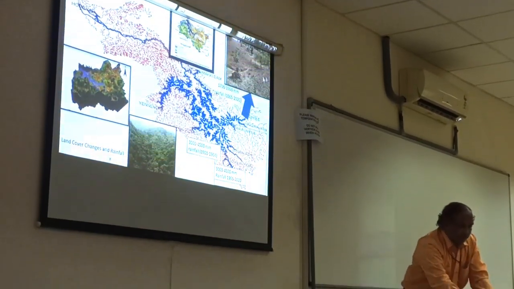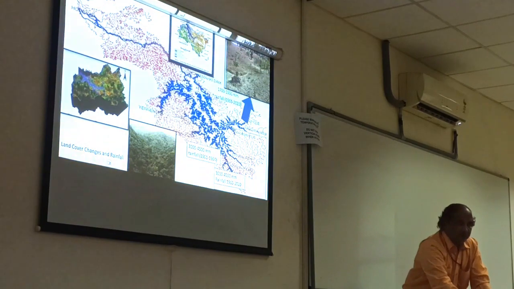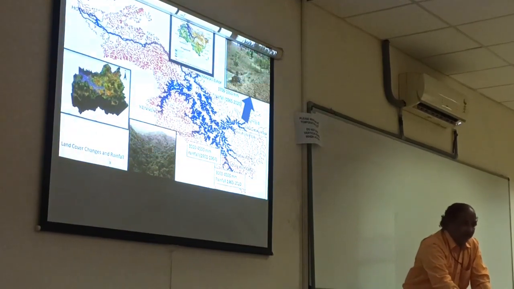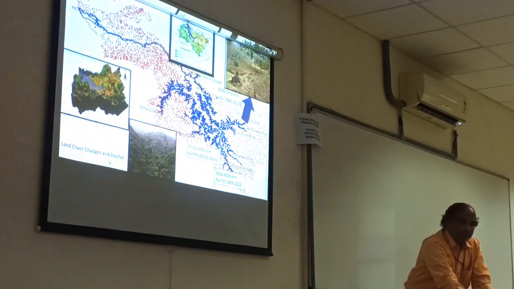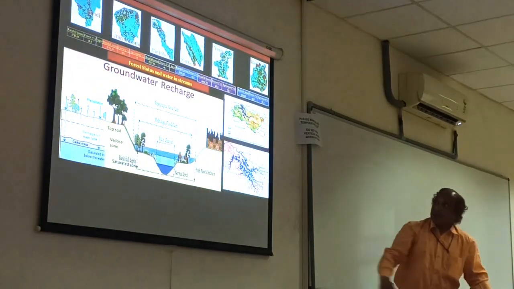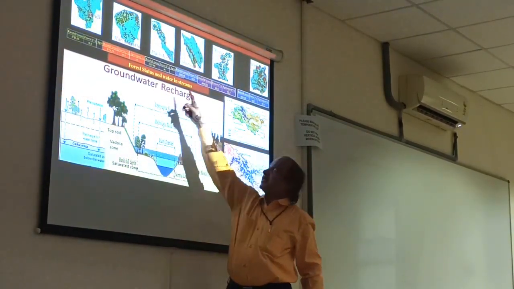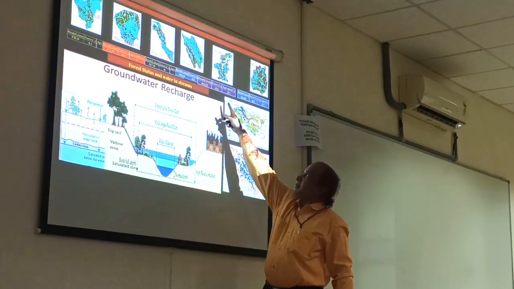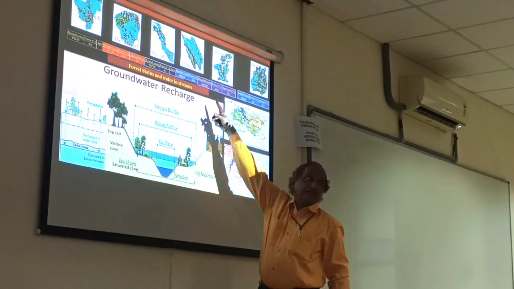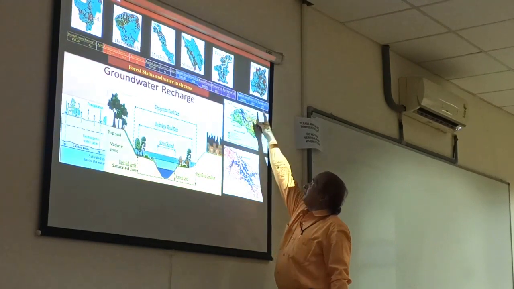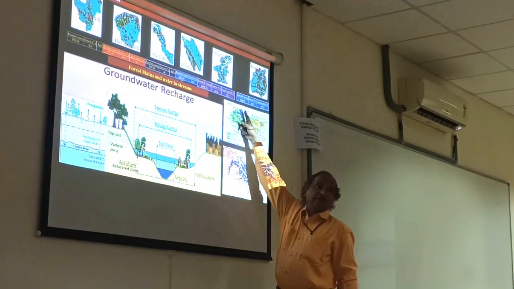We also did it sub-basin wise, considering the tributaries, what is the kind of forest cover and the rainfall. You see that wherever forests are scanty, with 30% forest cover, rainfall is 1776, whereas with 65% forest cover, 4800 is the rainfall, or with 60% forest cover, 4400 is the rainfall.